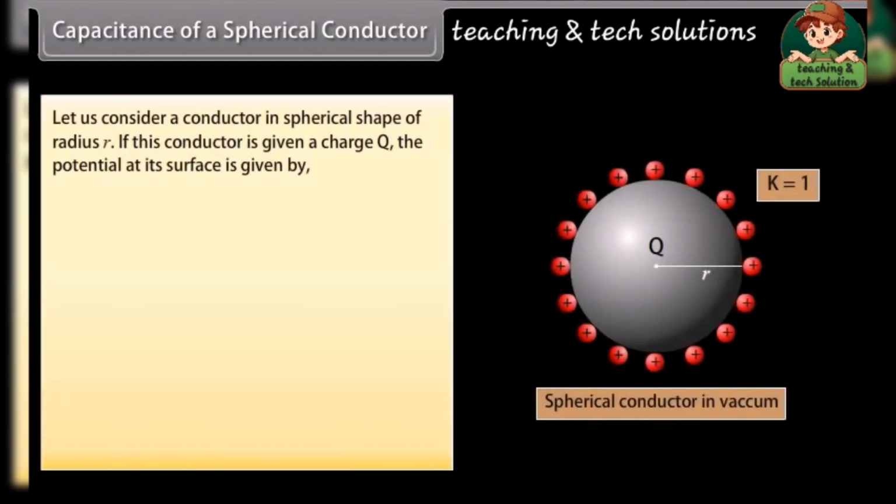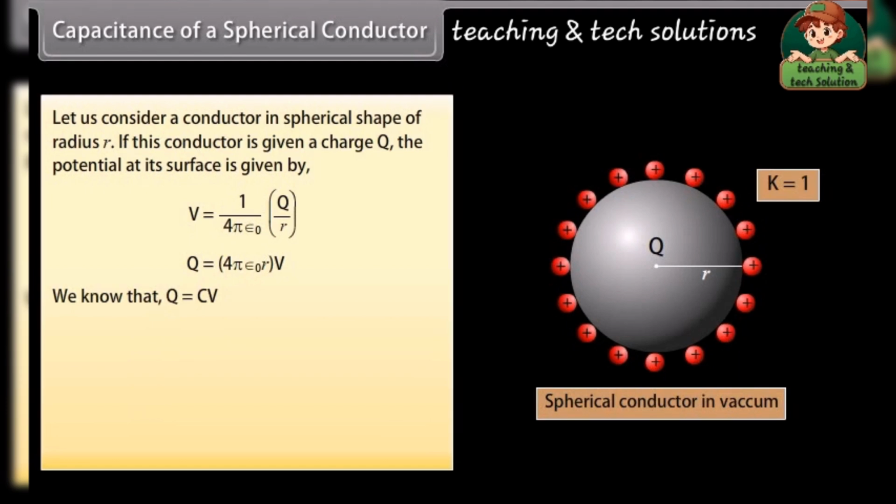Capacitance of a spherical conductor. Let us consider a conductor in spherical shape of radius R. If this conductor is given a charge Q, the potential at its surface is given by V is equal to 1 upon 4 pi epsilon naught multiplied by Q upon R. It can be written as Q is equal to product of 4 pi epsilon naught R and V. We know that Q is equal to CV.